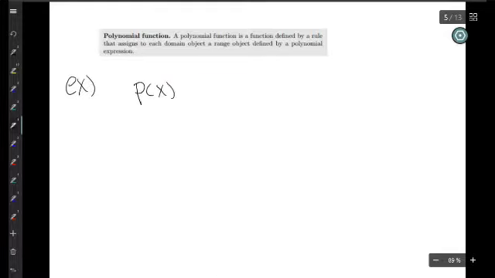P of x equal to x cubed plus x squared plus 8x minus 3.